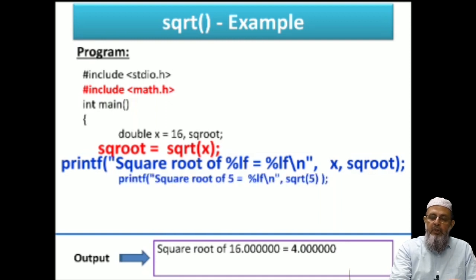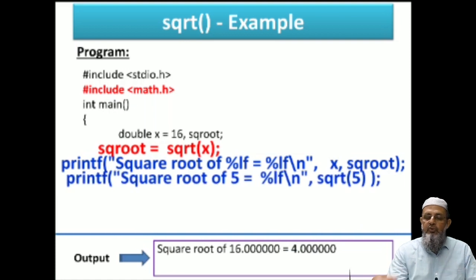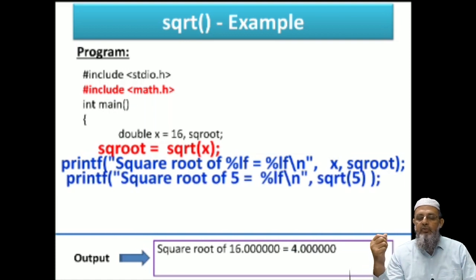We are using another example in the same program. We have not created or initialized any variable, and simply we are providing one particular value. So printf square root of 5 is equal to %lf\n, and now we are calling the function sqrt of 5 in the printf statement itself.